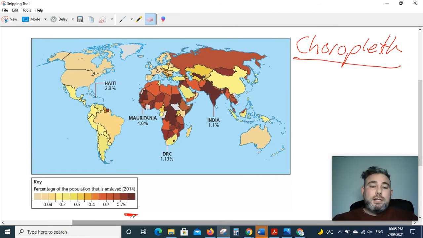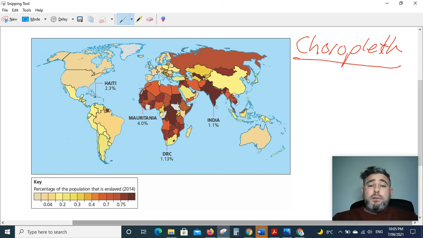So besides just reading a key, you will also need to know about the title of the map. Now, this map I've chosen doesn't really have a title except for what is labelled on the key, the percentage of the population that is enslaved. So not a nice topic, but certainly one that relates to the world that we live in today and some of the things going on.